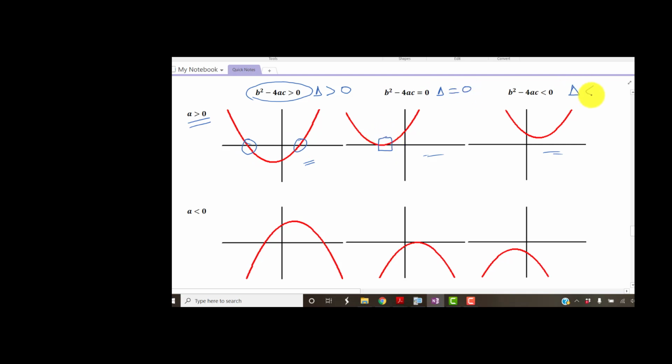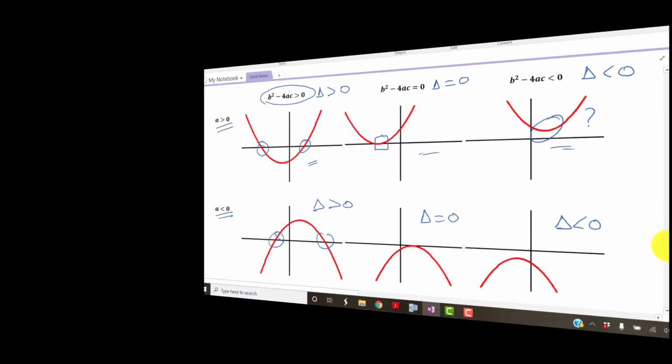And in this case, delta is negative, so I have no x-intercept. And it's the same result for the second row, but in this case, I've looked at parabolas that were all concave down: two x-intercepts for delta positive, one x-intercept for delta equal to 0, and no x-intercept for delta negative. Folks, you need to know these results about the discriminant, okay?